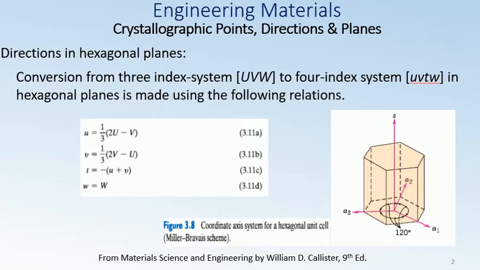These are given in this slide: u is 1/3 (2u minus v), v is 1/3 (2v minus u), and t, the additional coordinate in the hexagonal system, is minus (u plus v), and of course the z or w is similar to w in the 3-coordinate system.